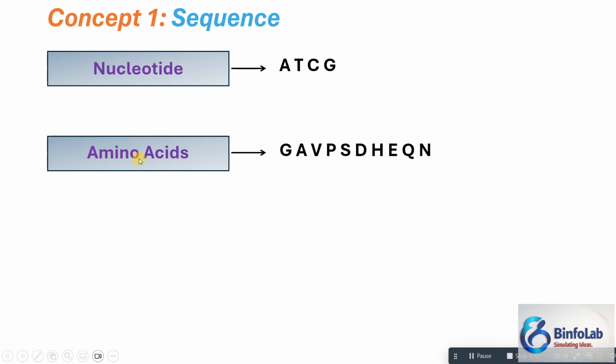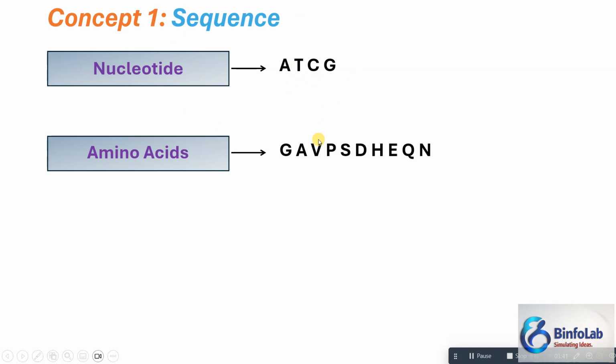Another sequence in bioinformatics stands for amino acid sequence, and it will contain some more letters apart from ATCG or AUCG. Apart from these four letters, because they are also included in the amino acid sequence, so don't be confused.